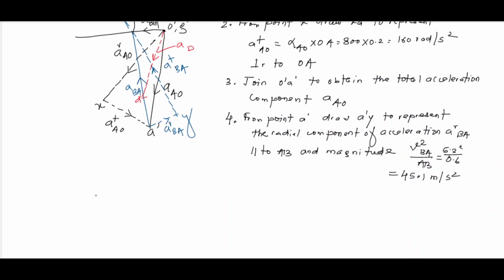Now fifth step is from point Y draw a Y B dash, which is perpendicular to the connecting rod AB, and magnitude is unknown.